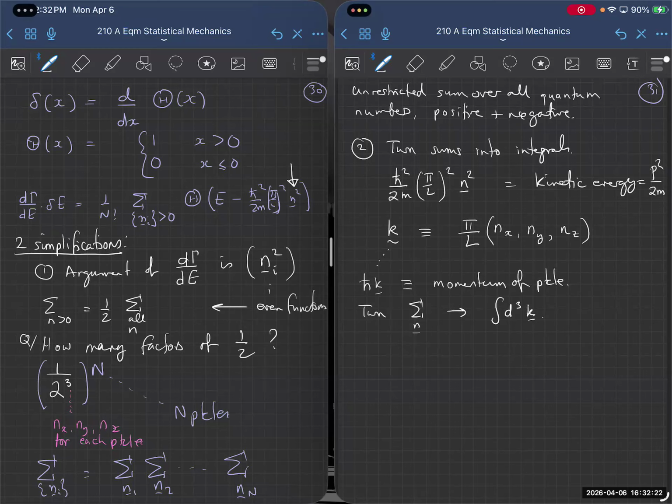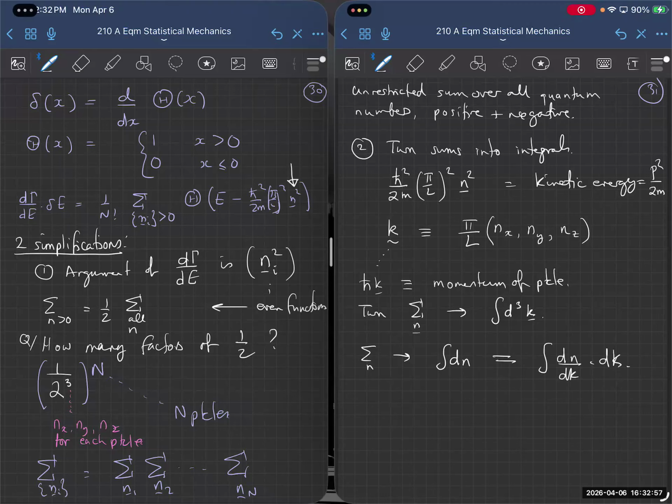So let's now discuss how we do that. When I'm doing the sum over n, I could say the sum over n is basically like an integral over n, and then that integral over n, roughly speaking, is going to be equal to dn/dk.